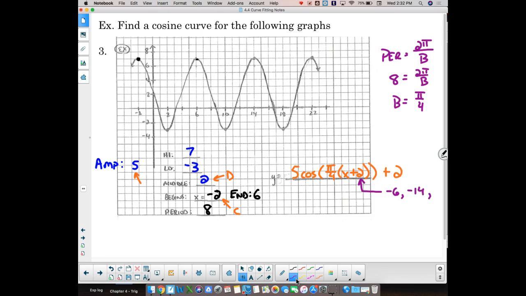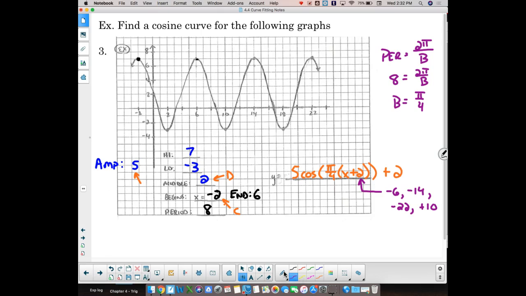Could be minus 22. Could be plus 10. Could be plus 18, etc., if we went the other way.